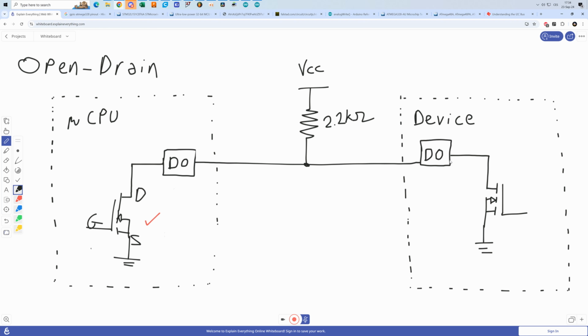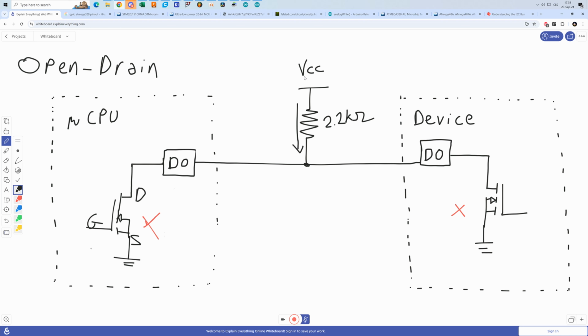Now, if we have logic low, then both transistors are on, meaning that the state of the bus is going to be low. If the transistor over here is turned off, and this transistor is also turned off, then the state of the bus is going to be logic high, because there will be a current path through this resistor.